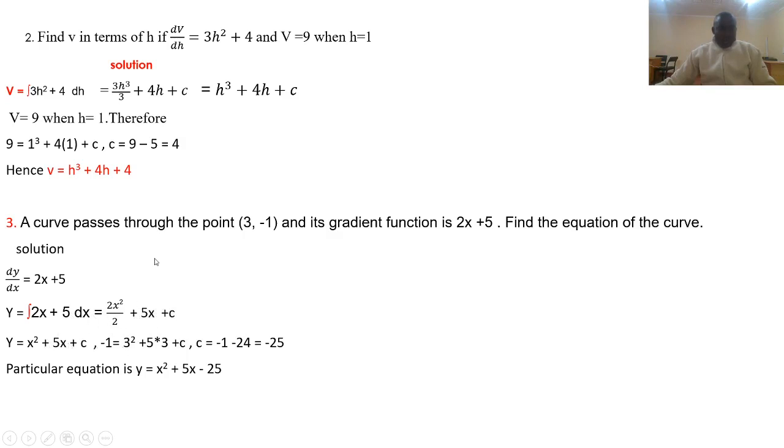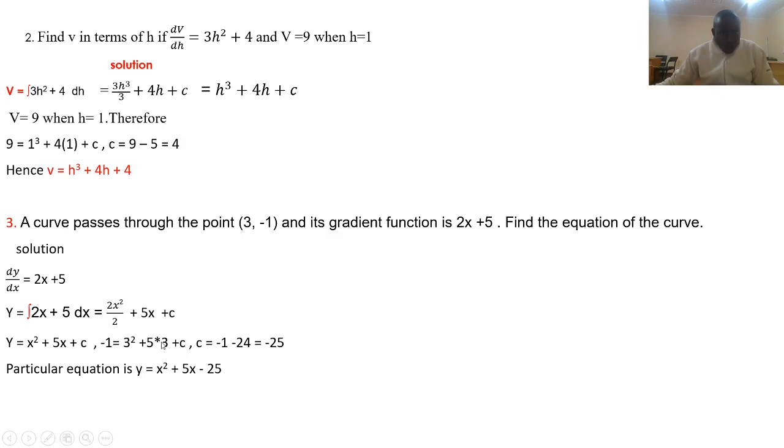You integrate this, 2 and 2 cancel, it remains x squared plus 5x plus c. And you are told y is -1 when x is 3, so we say -1 equals 3 squared plus 5 times 3 plus c. Remember, this is 9 plus 15, which gives you 24.